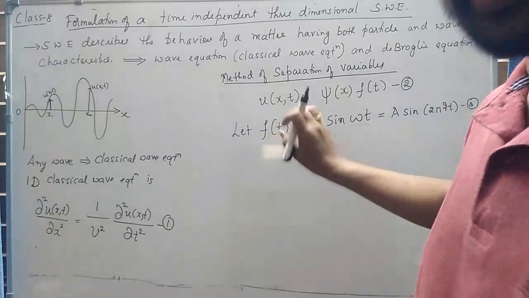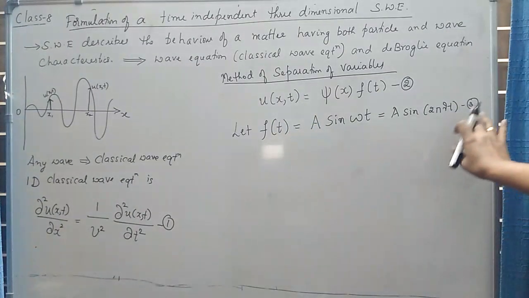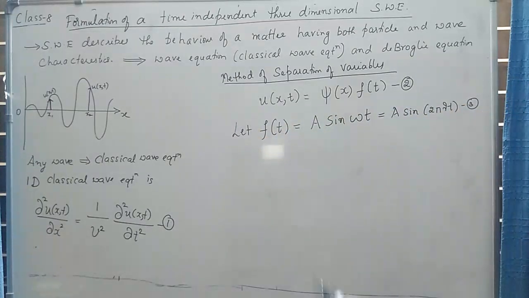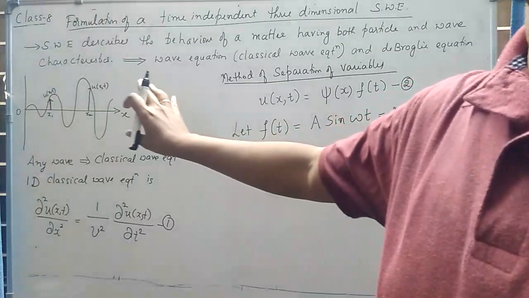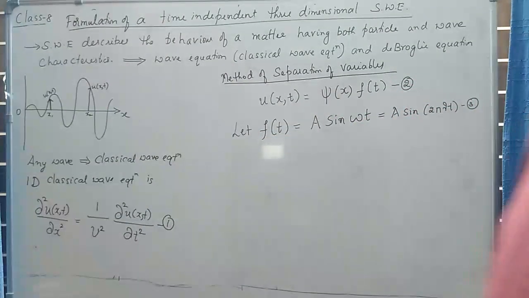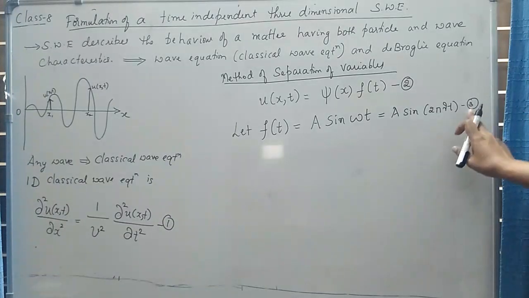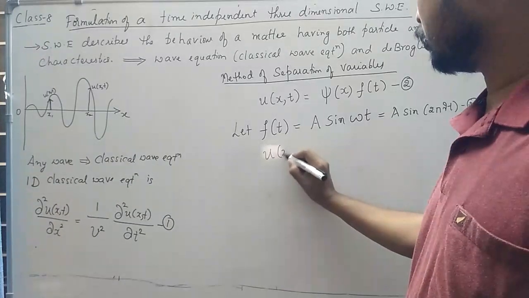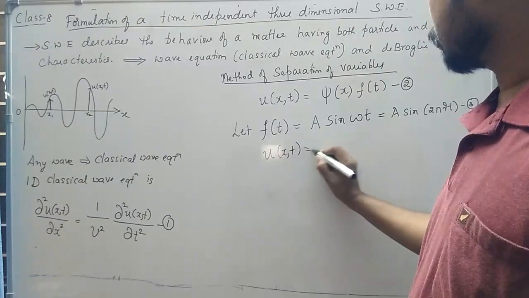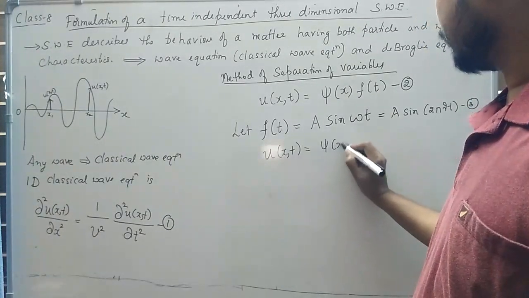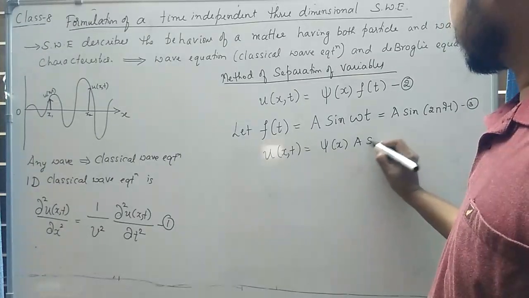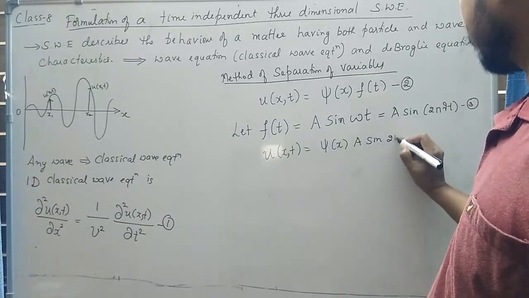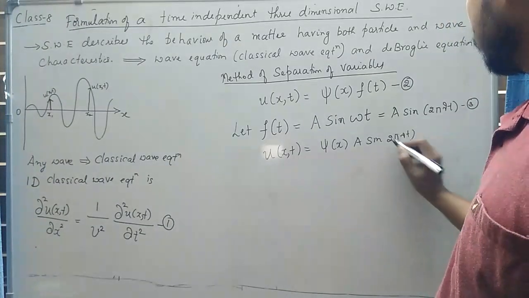So we are deliberately taking this expression for f of t because now we are assuming that the function associated with this wave is periodic in nature with respect to time. So let us substitute equation 3 in equation 2. We get u of x comma t is equal to psi of x into a sine 2 pi nu into t.